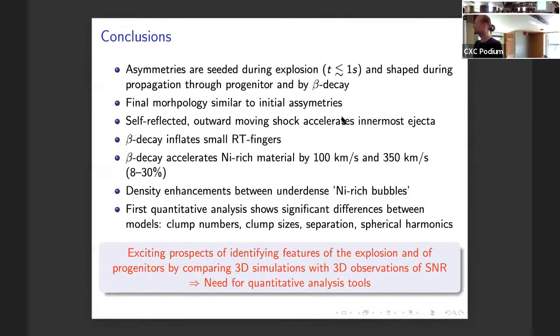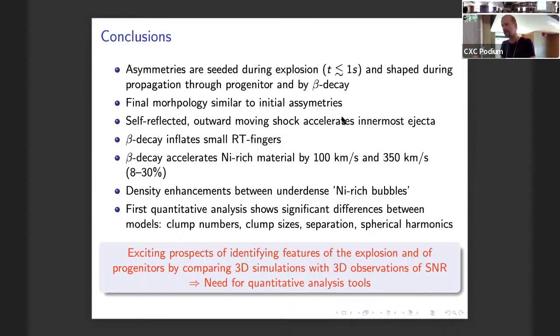So with that, I want to conclude. I want to highlight again that the asymmetries which we observe in the end are already seeded during the explosion. So we can really make a connection to the very first moments of the explosion. Also, the ejecta are then shaped through the propagation in the progenitor and through the beta decay, so that the structures inflate.